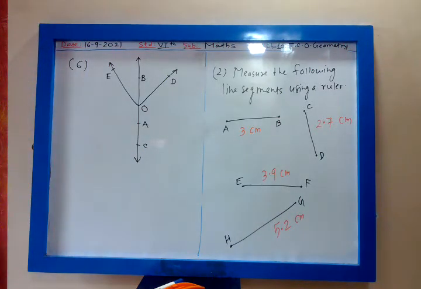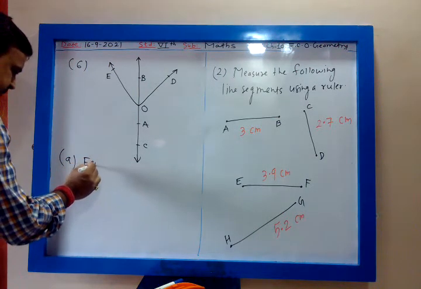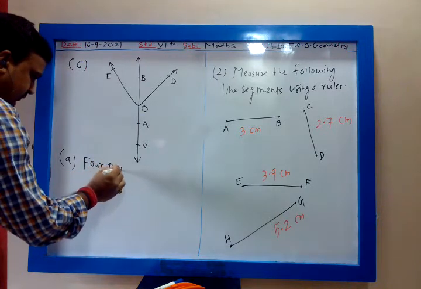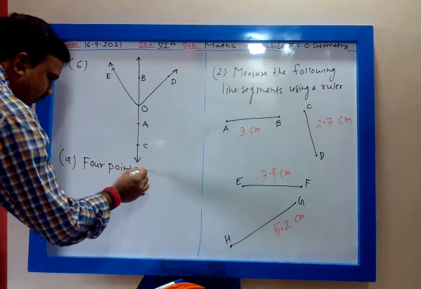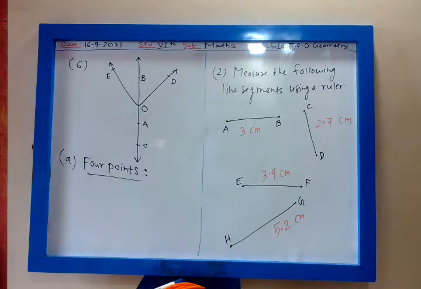Now use the figure to name 4 points. And do not think about concurrent. You just tell me the simple answer. 4 points.